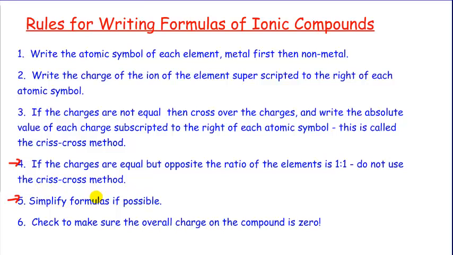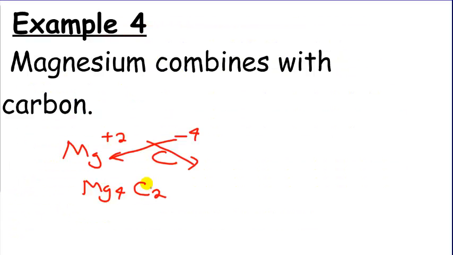Now, this is a case where that second last rule applies. Simplify the formulas if possible. And if you look at this, we can simplify it. If we divide through by 2, we end up with Mg2C. And if we check that formula, if we have 2 magnesium, each with a positive 2 charge, the overall charge on the cations, the metals, is positive 4.